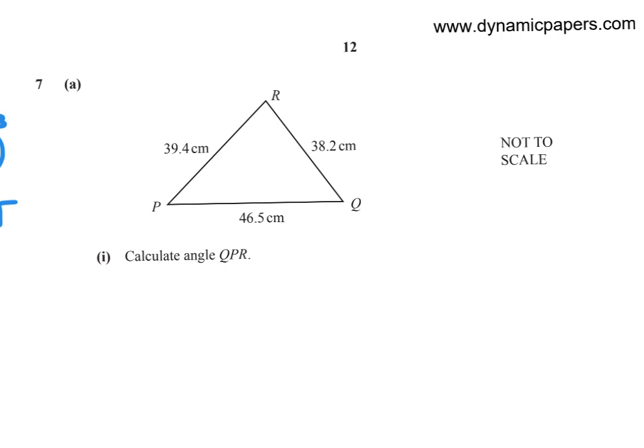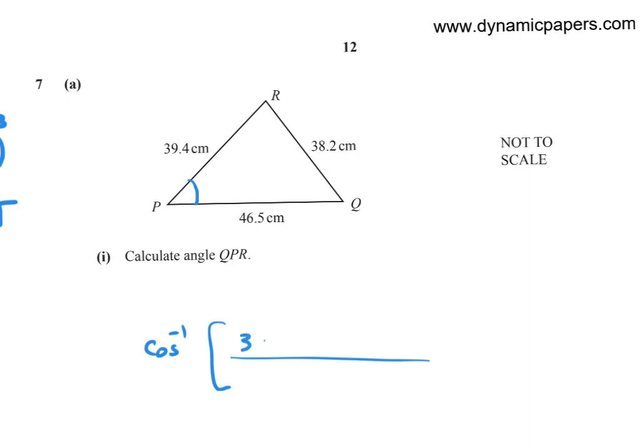Number 7a, calculate the angle QBR. So we need to find this angle. Cosine rule, because we have 3 sides. To find the angle in one step, cosine inverse, fraction. For the numerator, the adjacent squared plus the other adjacent squared minus the opposite squared.